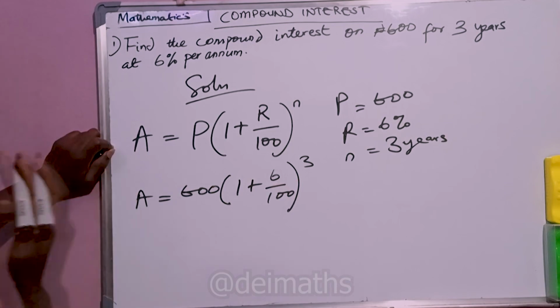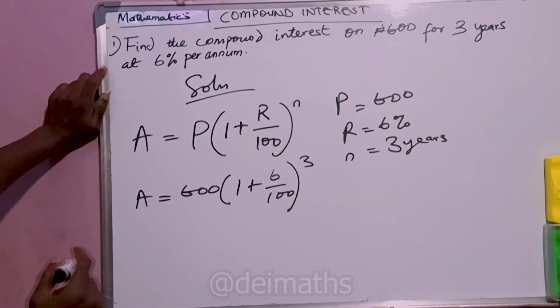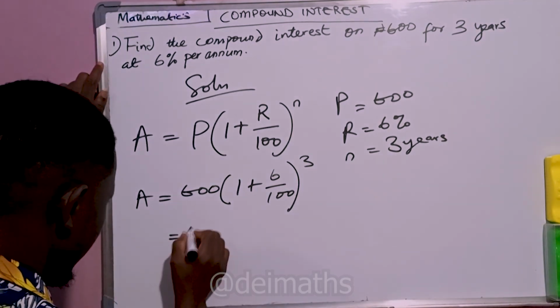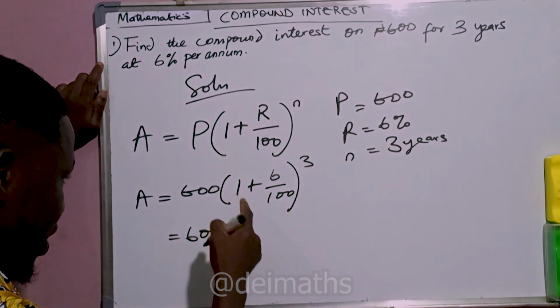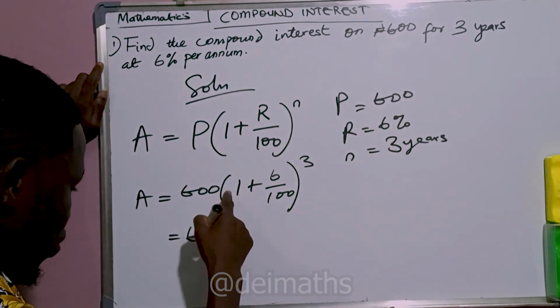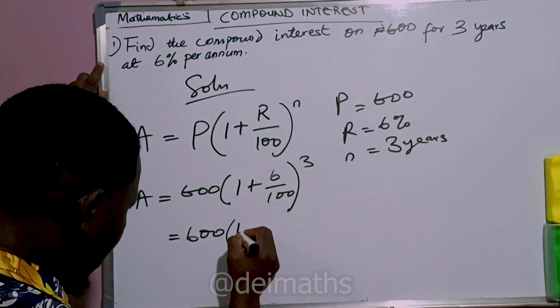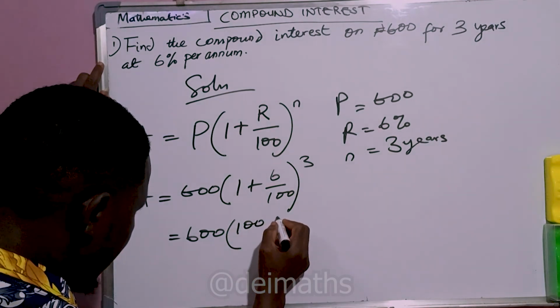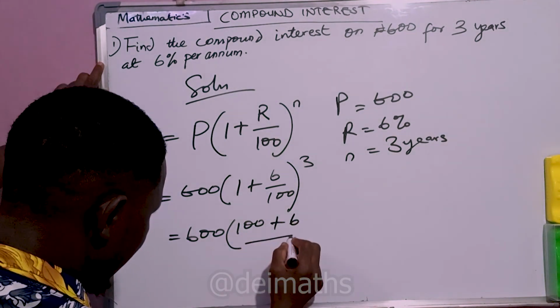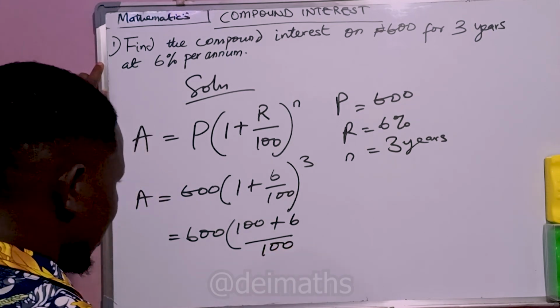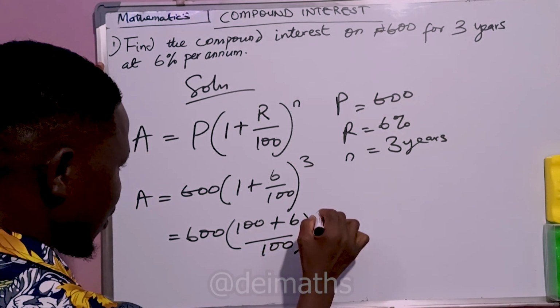We clear the brackets. This is equal to 600, brackets 100 times 1 to give us 100 plus 6 over 100, to the power of 3.